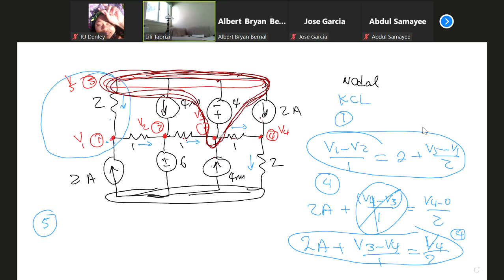We said we have 6 branches, so we must have 6 different currents. We have 6 branches connected to the node. How many entering, how many leaving? 1, 2, 3.